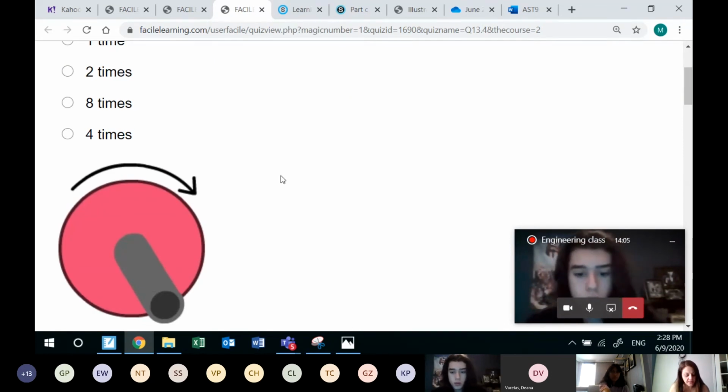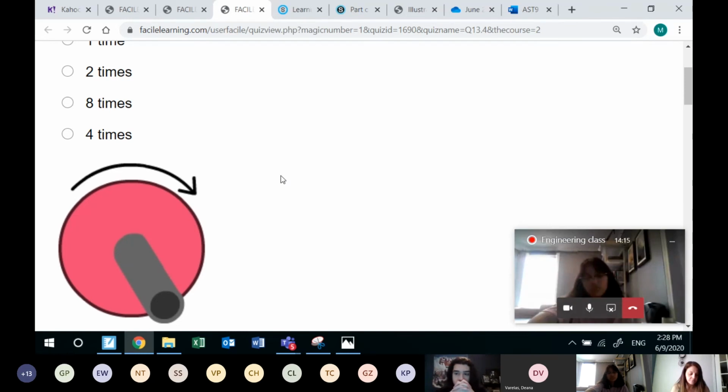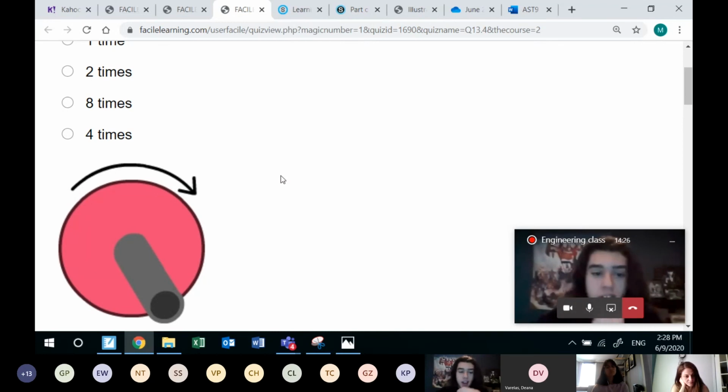Oh, Chris, can you explain why you said 4 times? Peter, why do you think 8? This is a tricky one. Why do I think 8? Well, the axle is a lot smaller, so the diameter of the axle is way smaller than the wheel.